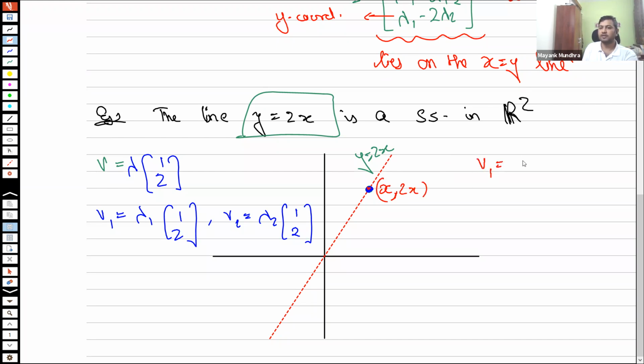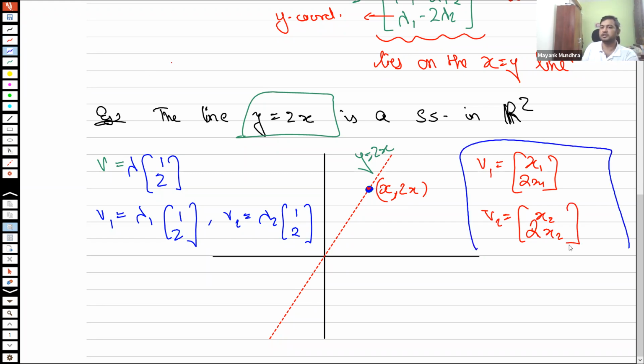So you can write the v1 vector as x1 comma 2x1 and the v2 vector as x2 comma 2x2. Let's proceed with this example.